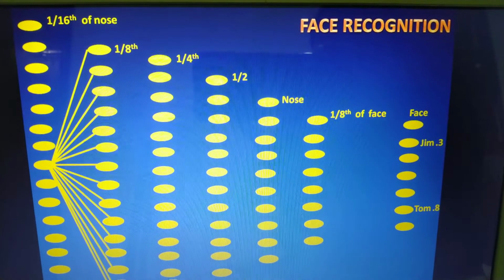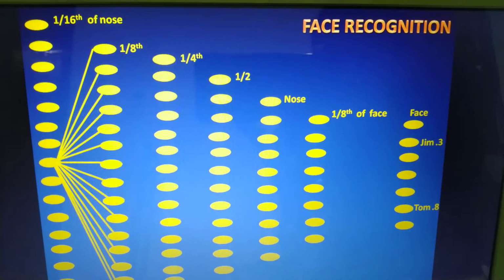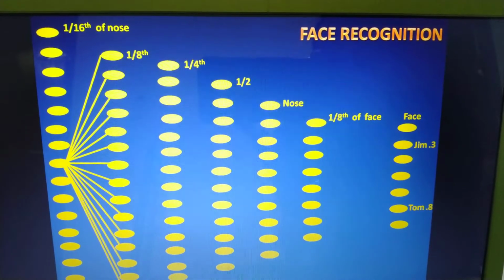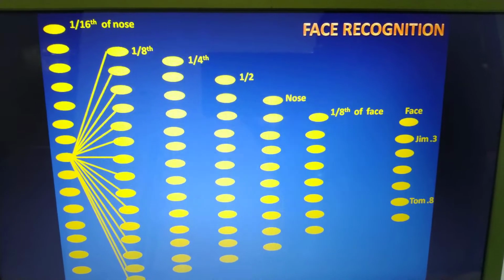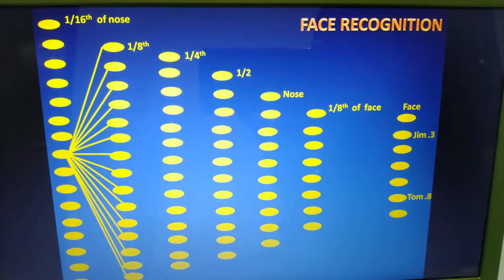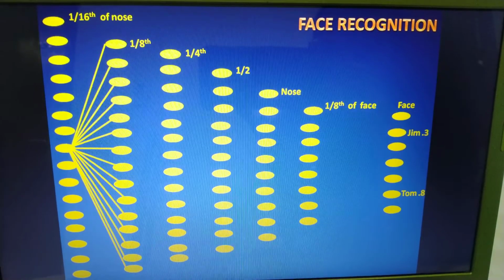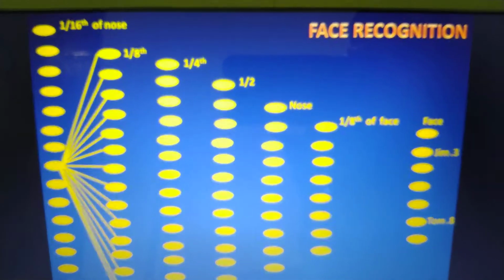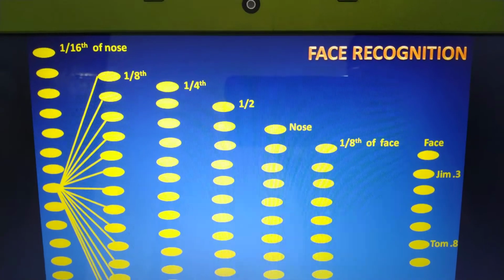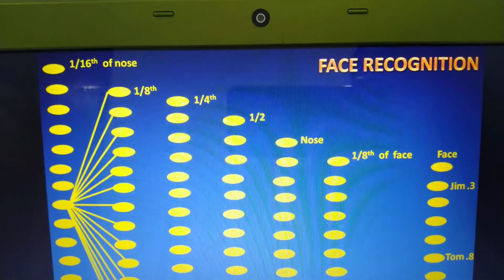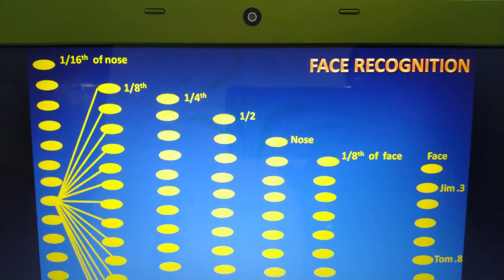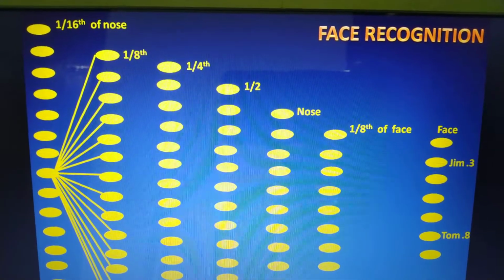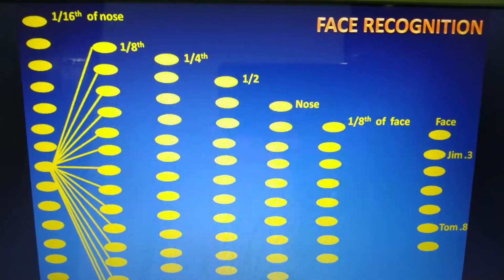And the next set of neurons combines 1/8 of the face, 1/8 of the face of Jim and Tom. So you now have the compiled image of 1/8 of the face of Jim and Tom in each one of the 8 hidden neurons in that row. So you know that if you put together the output of 8 of those neurons, you will have the full face of Jim and the full face of Tom.